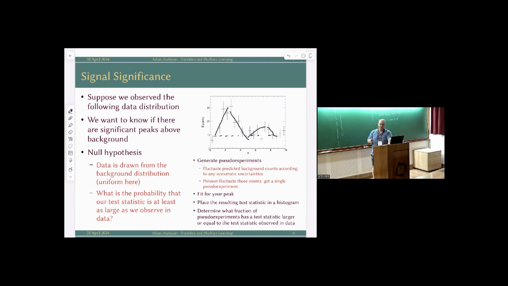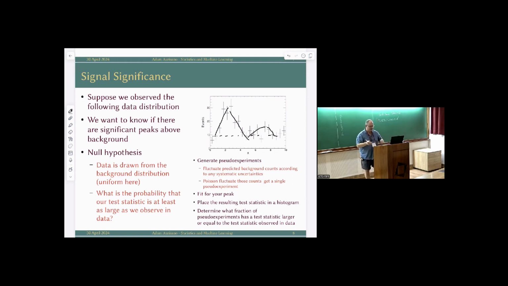So you can do this a number of ways, right? Oftentimes people do a cut and count. If you have a region where you want to test to see if there's a peak, you limit yourself to that region, and your test statistic is just the number of events you saw, right?